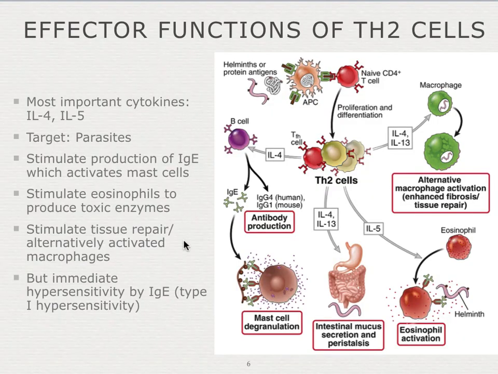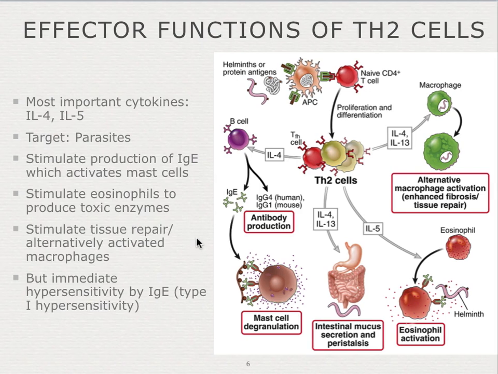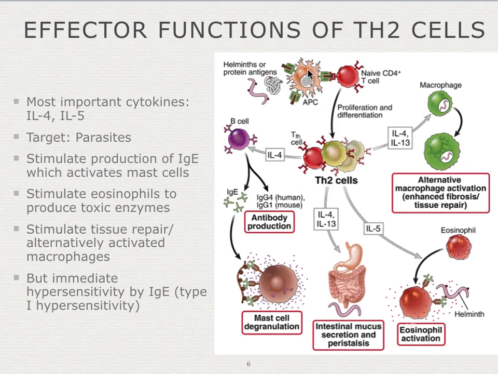So what are effective functions of Th2 cells? Th2 cells are needed to help out with parasite infections. Parasite infections need a different approach than bacteria that have been phagocytosed by macrophages, because parasites are usually way too big to eat. So how do you kill something that you cannot eat? That is shown in this picture.